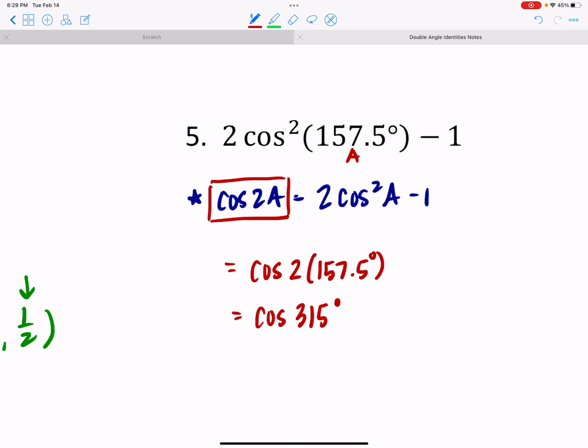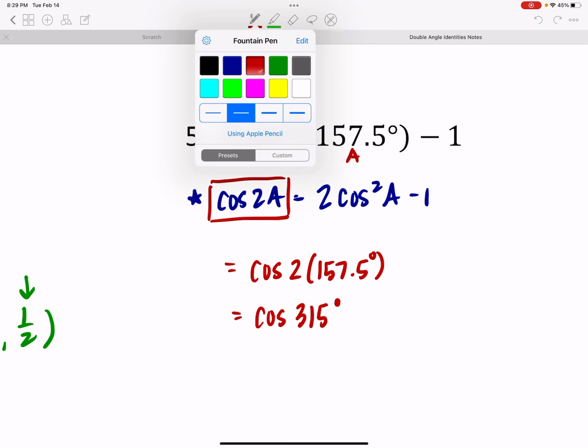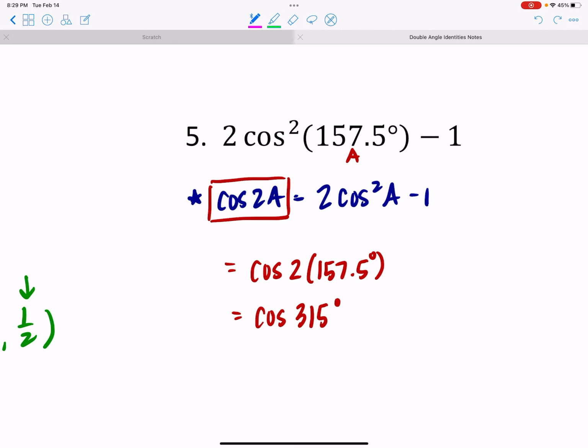Now that's another angle that's on the unit circle. The reference angle is 45 degrees. If you want to just look at your unit circle, that's totally fine. But in my head, I am remembering the reference angle is 45 degrees, which means the coordinates where it intersects the unit circle would be radical 2 over 2.